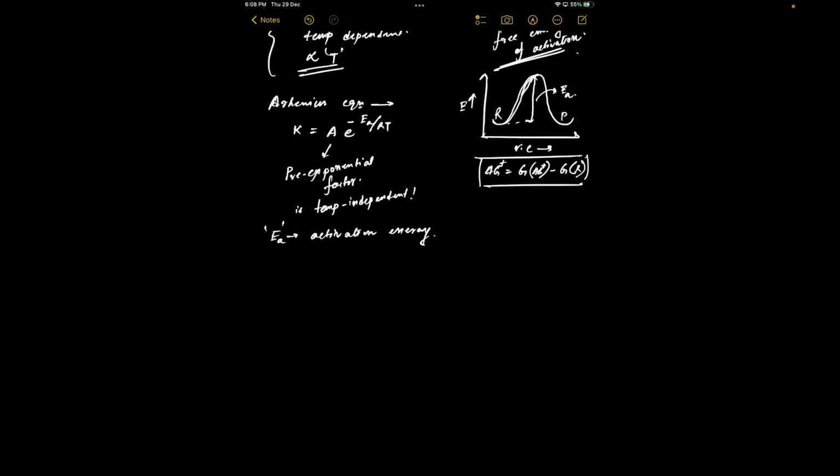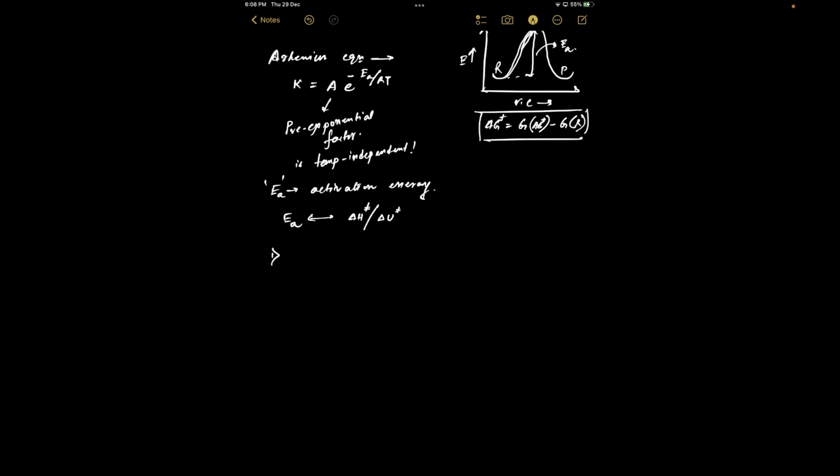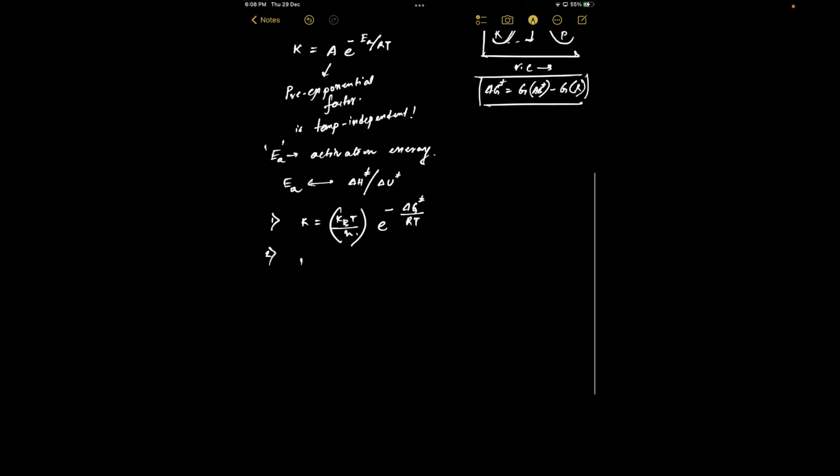Now what is the relationship between the activation energy EA and the enthalpy of activation delta H double dagger, or the internal energy of activation delta U double dagger, etc.? From TST, the first equation we got is k equals k_B T divided by h times exponential of minus delta G double dagger by RT, and the second expression, from the Arrhenius equation, is k equals A times exponential of minus EA divided by RT.